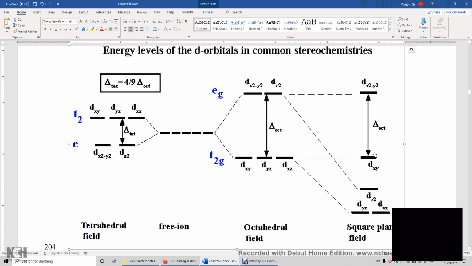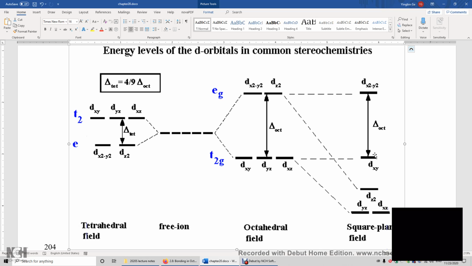And that's why when you see a square planar structure of a transition metal complex, this transition metal is very likely 4d8 or 5d8 electron configuration. Why not 3d8?